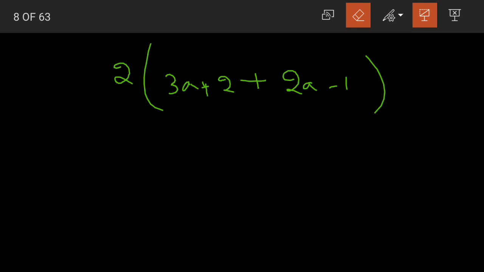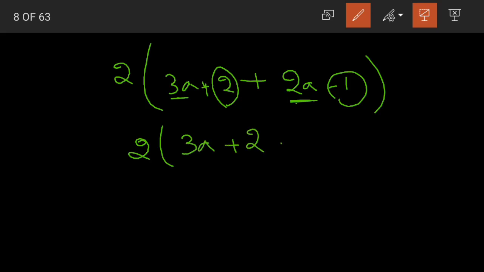Now if you go for adding, here we have 2 and minus 1. These two have a's, so I'll write them side by side: 3a plus 2a. Then the numbers that do not have a: plus 2 minus 1.